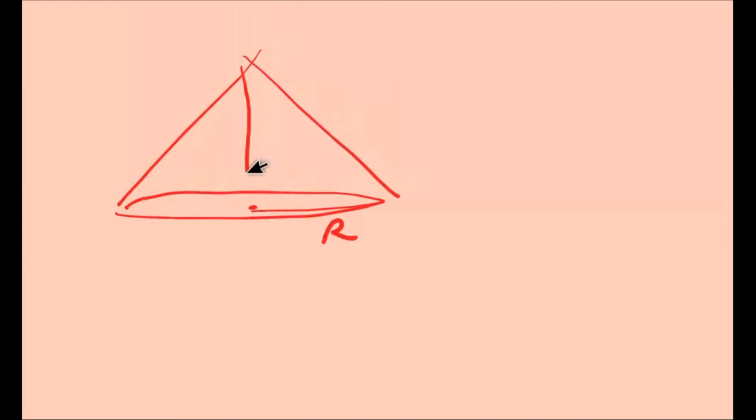Okay. Now, if we take the radius of this big cone as capital R, let this height be h. Now, if we take the radius of this as small r, draw the perpendicular here, let this height be k.